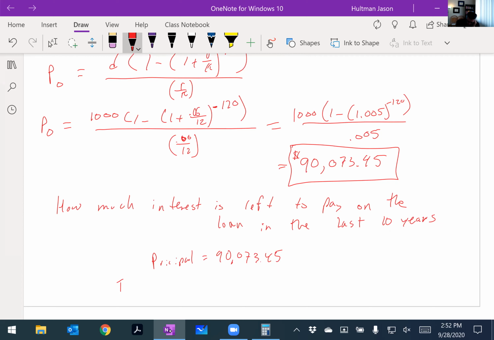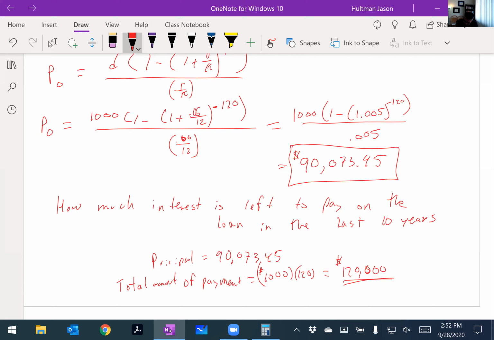What's the total amount of all the payments for 10 years? Well, that would be 1,000, which is the monthly payment, times the number of payments, which would be 120. So this would be 120,000. Oh, that's easy. So that's how much money I have to pay out of pocket in the last 10 years of the life of the loan.